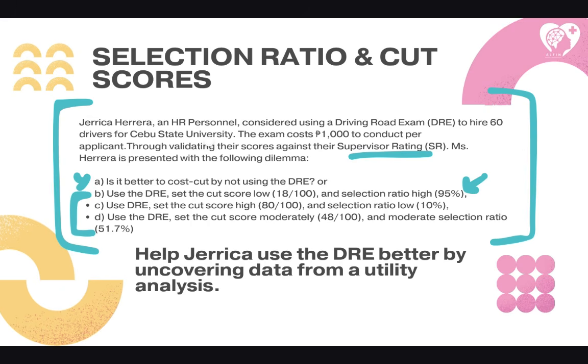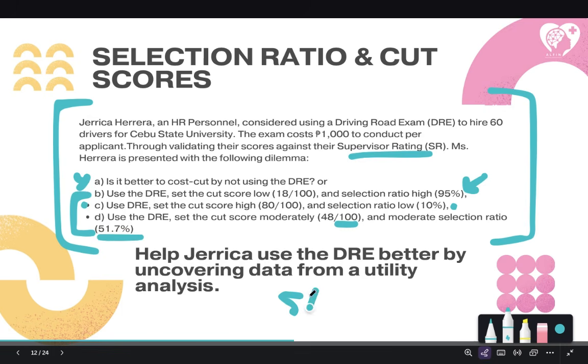Before proceeding to the graphs, let me tell you a quick way to remember the relationship of the cut score and the selection ratio. You can also find this in our material, but I'm introducing this here for those who are too lazy to check the material, and for those who don't have a copy. So when the selection ratio is down, that means there are fewer applicants around.